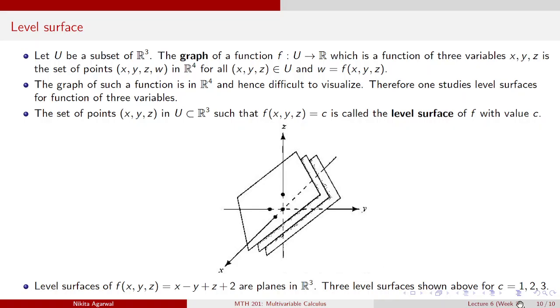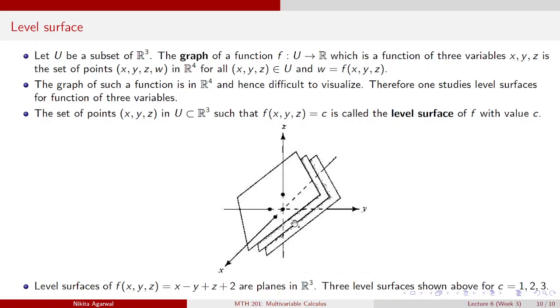And as you vary your values of c, you get other planes, right? So what will happen? When you vary these constants, you get planes which are parallel planes, right? Why are they parallel to each other? Because their normal vector is not changing. What is changing is the constant term. The normal vector still remains (1, -1, 1).